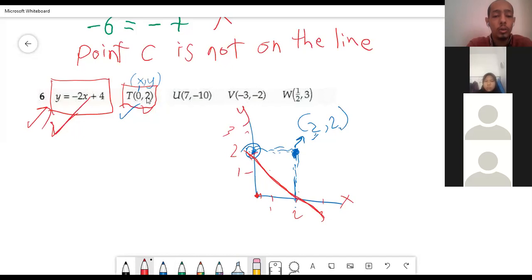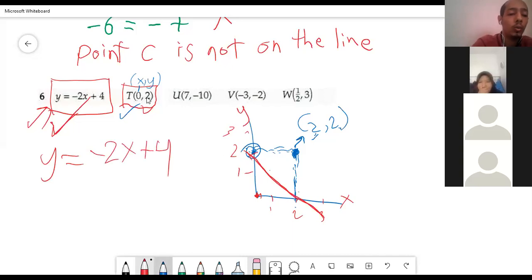So I want you now to substitute the values of x and y in this function. The function is y equals minus 2x plus 4. Now y, what is the value of y at the point t? 0, 2, right? You said 2.